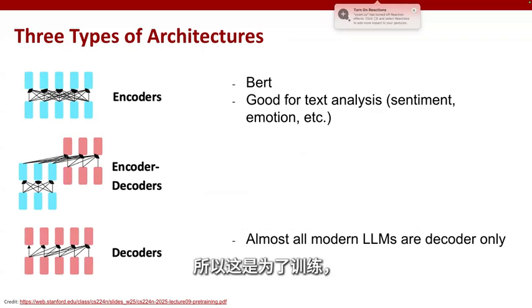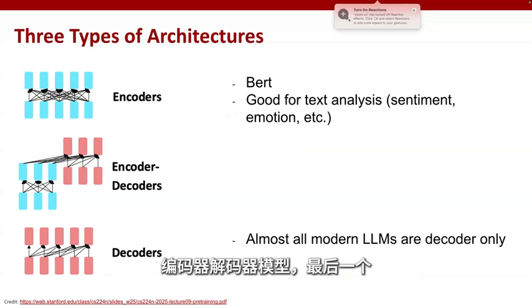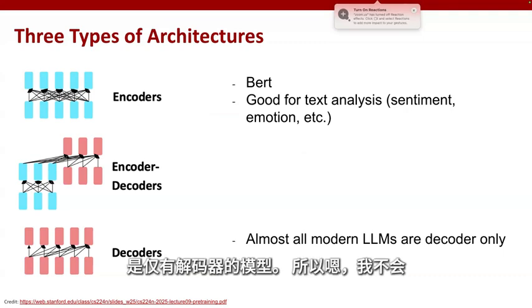So that's for pre-training. Right now I'm just going to briefly introduce the types of architectures we normally use for language models. Essentially we have three main categories. One is the encoder-only model, second is the encoder-decoder model, and the last is the decoder-only model.